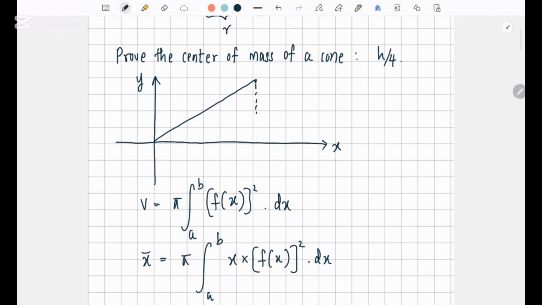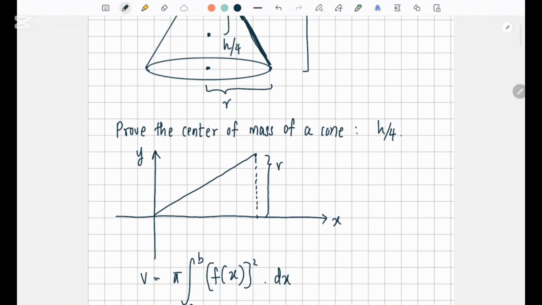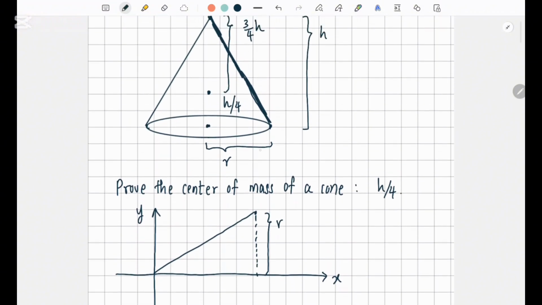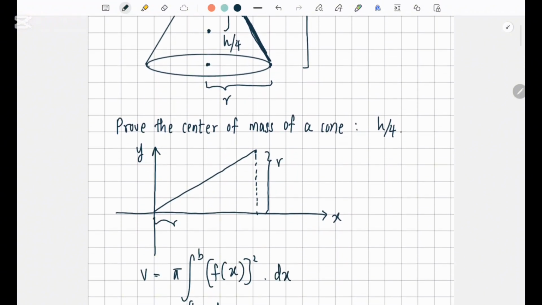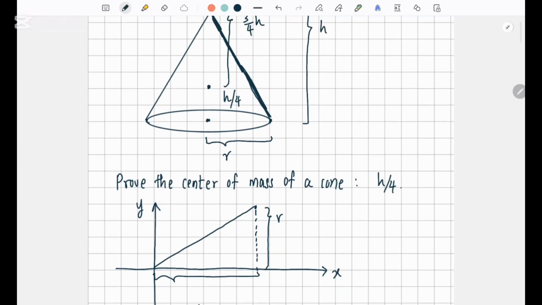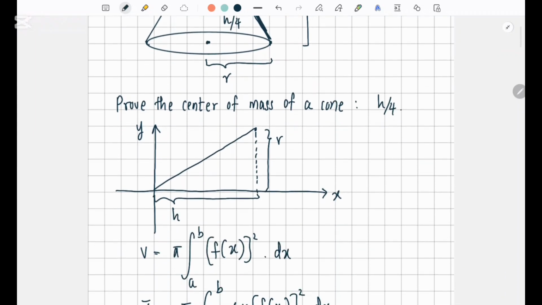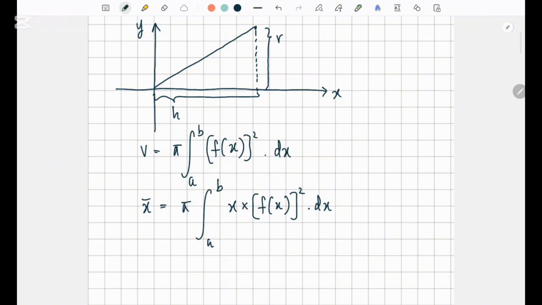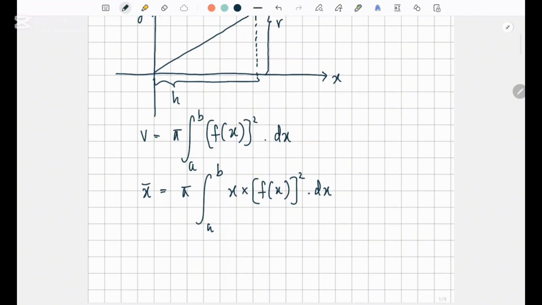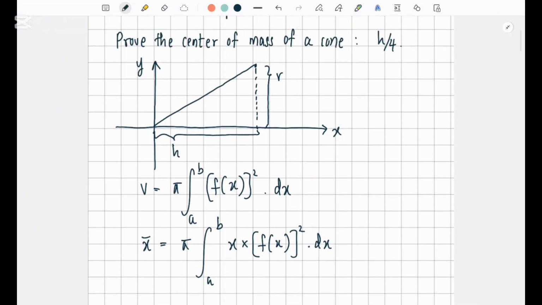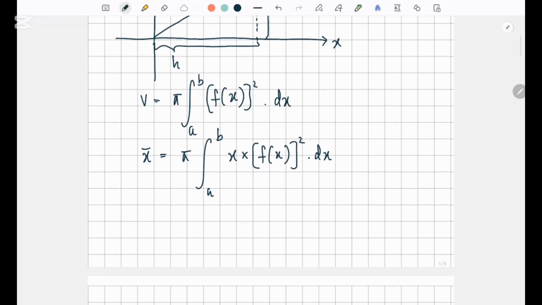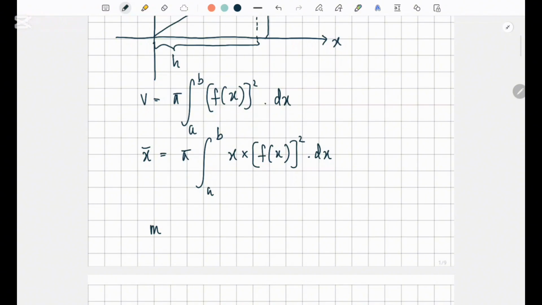Now if you go back to your graph, I'm going to draw a dashed line. This length is going to be r, right? You can see it's the radius, and this length is the height of your cone, so that's going to be h. Now these values are constants, we don't know what values these are. So what we have to do now is find the gradient of this line. How do you find the gradient? The gradient equals tan theta, right?